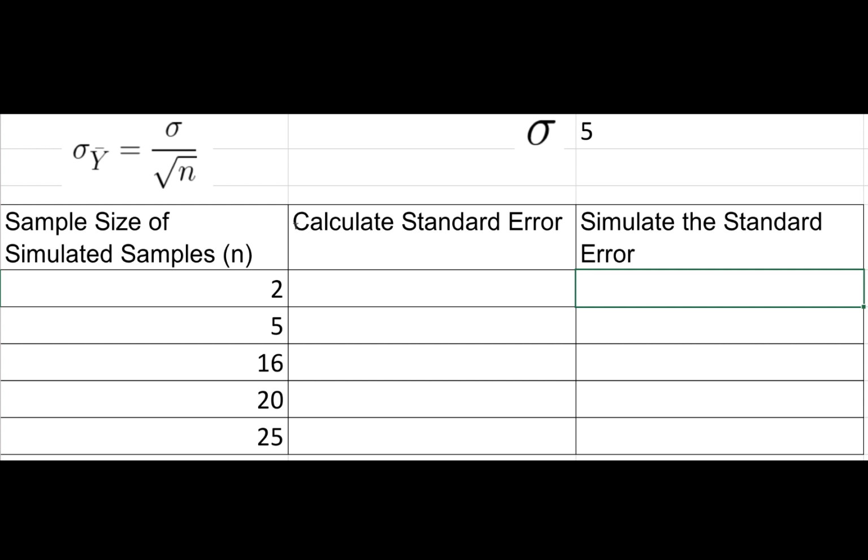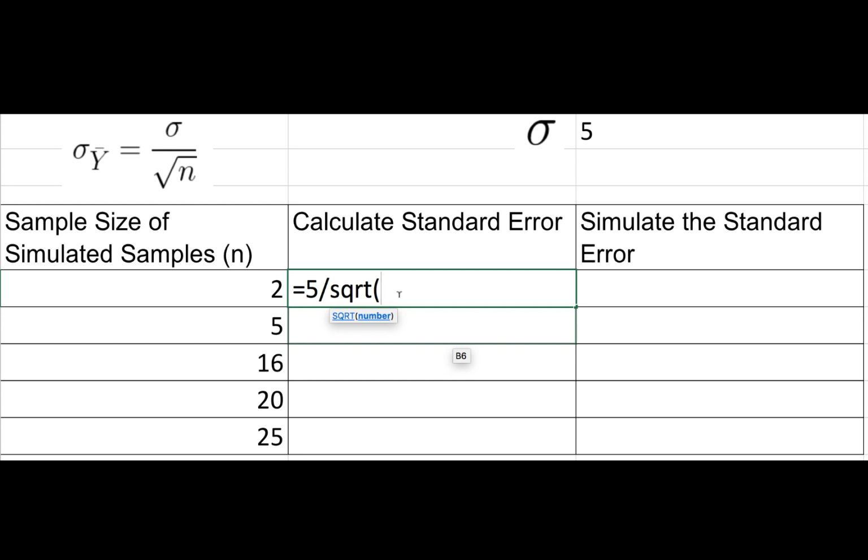I wonder, right? So notice that I don't know anything else about this population so far except the standard deviation is 5 in this population. And just from that information alone and the size of the samples, I'm going to be able to predict the standard error. That's kind of amazing, right? So I'm in Excel, and I'm going to use the equal sign to ask Excel to calculate something for me. I'm going to say 5, that's sigma, divided by the square root.